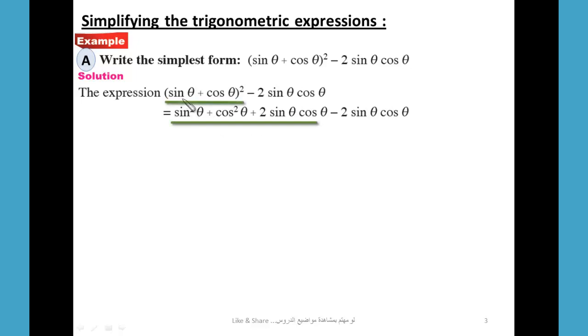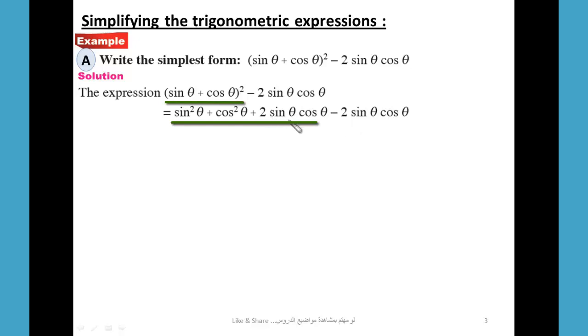and we write it again. The first term squared will be sine square. The second term squared equals cosine square. The third term, the middle term, is first by second by 2, so it will be 2 sine theta cosine theta, minus 2 sine theta cosine theta.